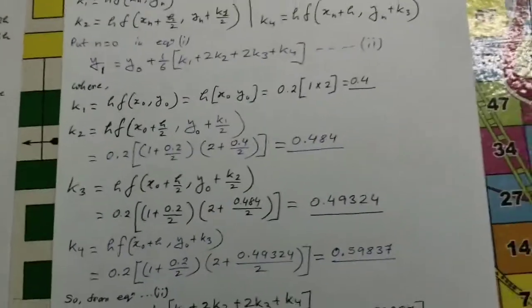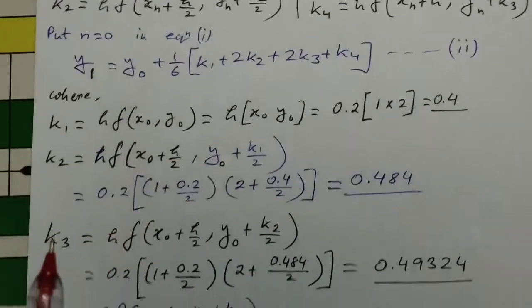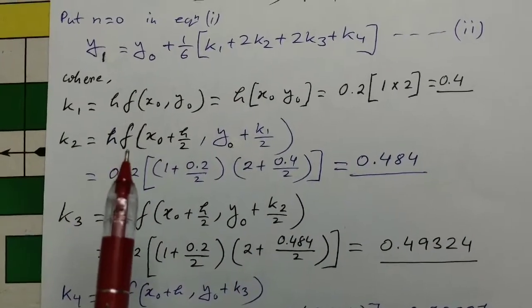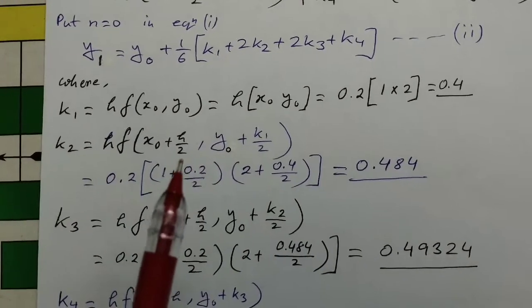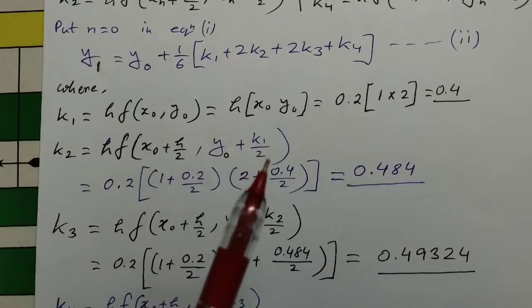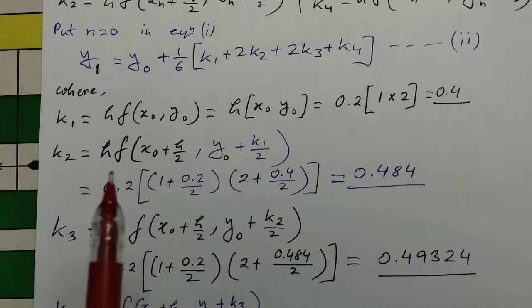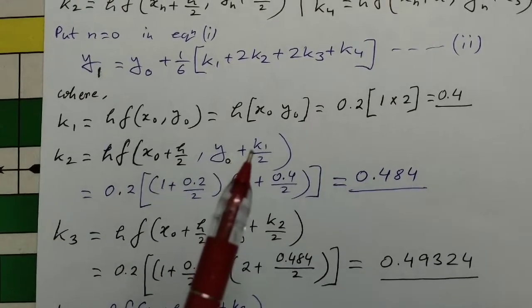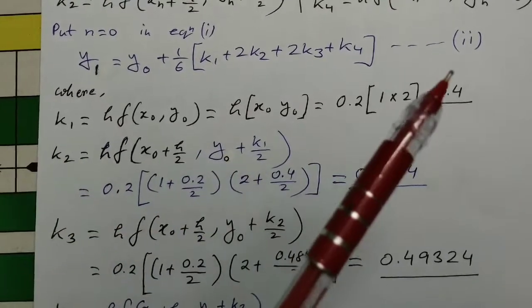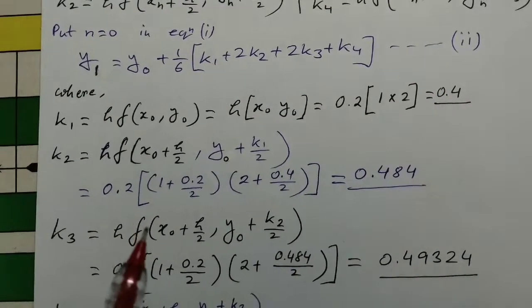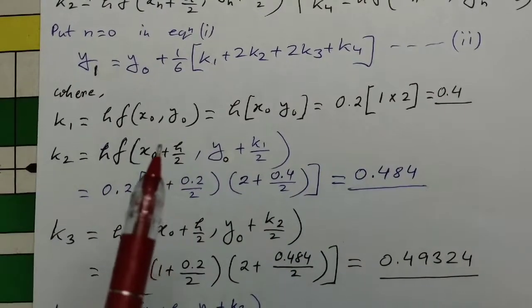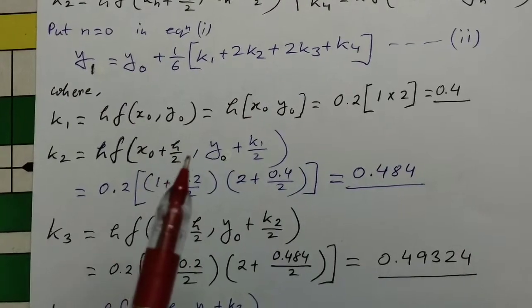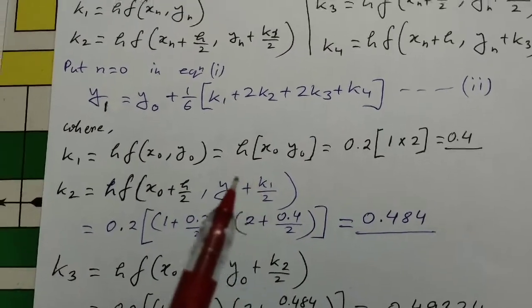Now coming to the value of k2, it will be equal to h f of (x0 plus h by 2, y0 plus k1 by 2). These values are also given, and k1 we have just calculated, the value of k1 is 0.4. So calculating this, this whole portion will be treated as x, and this whole portion will be treated as y.